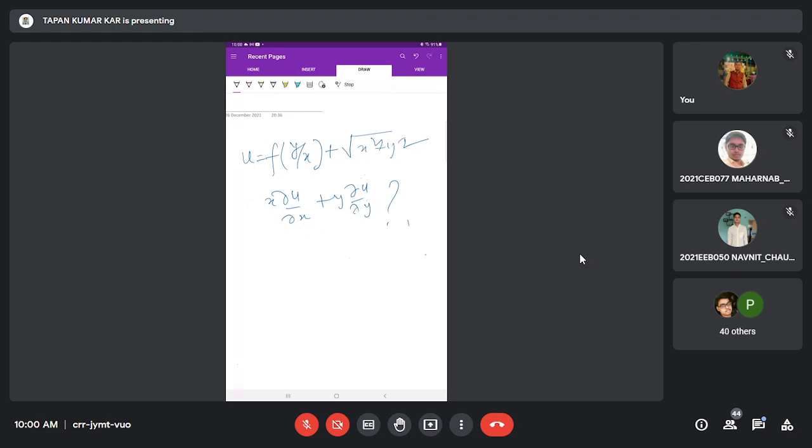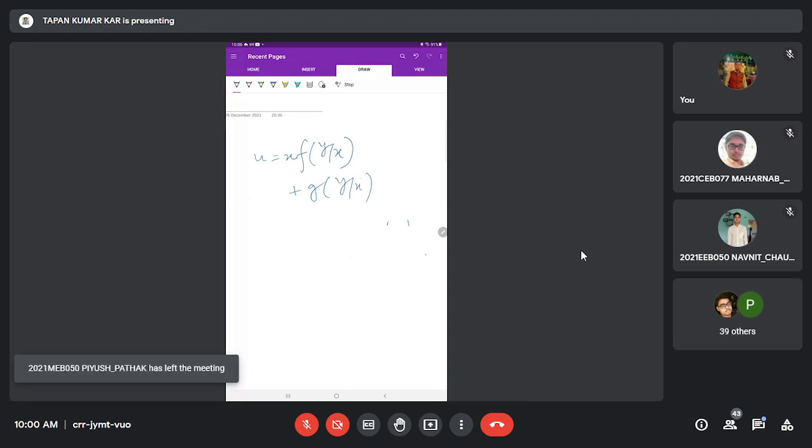Another example, similar type, almost similar, not exactly similar. U equal to x f of y by x plus g of y by x.